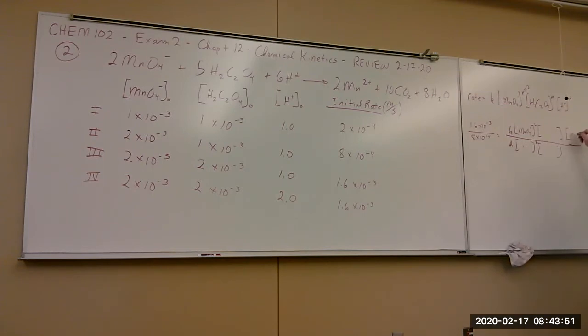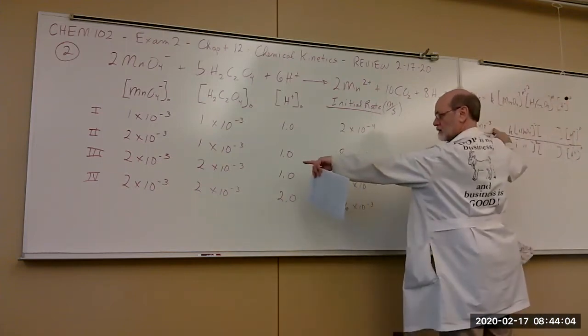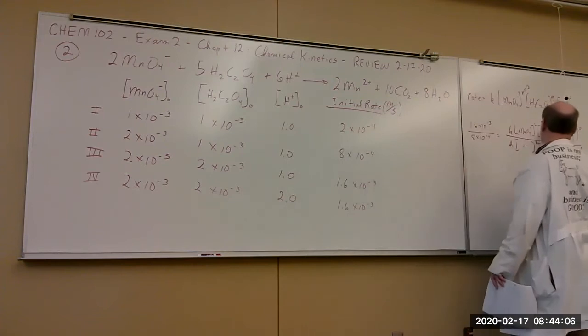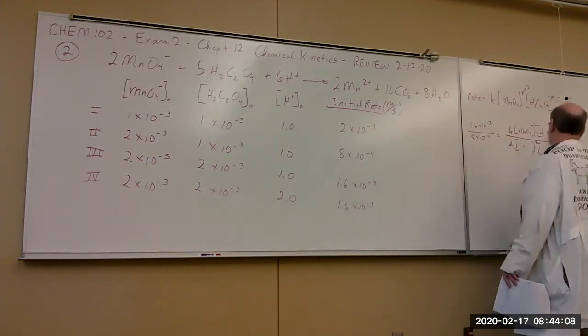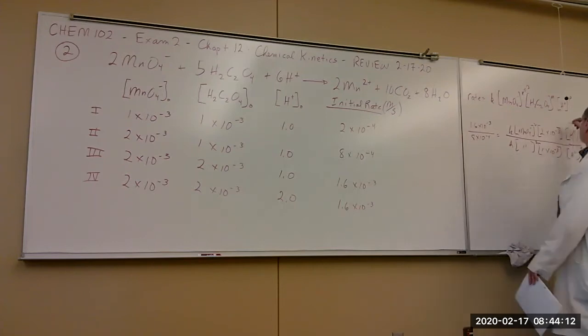And then we got another one out here that's the same, top and bottom, so it cancels. This one cancels, and we just plug the values in for this one. Right? 2 times 10 to the minus 3, and 1 times 10 to the minus 3, with m.